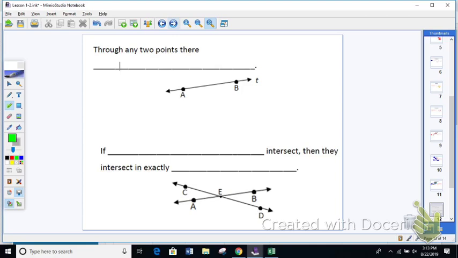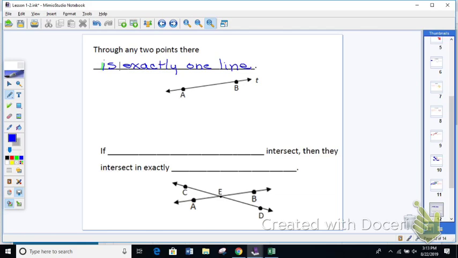So through any 2 points there is exactly one line. Through any 2 points, there is exactly one line.